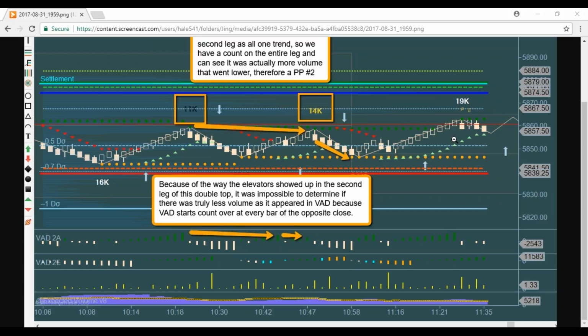John says equal highs and equal lows are not power plays. Well, John, I think I understand what your question is. A power play 1 has to go further. A power play 2 has to go less.